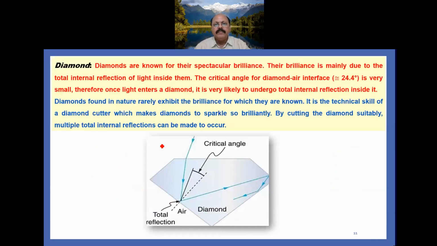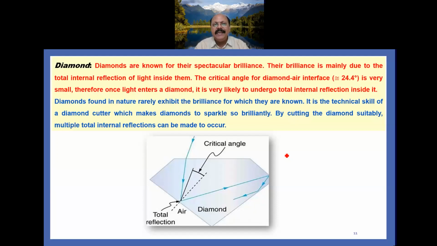Now the diamond. In the diamond, the spectacular brilliance is because of total internal reflection. Diamonds are known for a spectacular brilliance, and their brilliance is mainly due to the total internal reflection of light inside them. The critical angle for the diamond air interface, which is approximately 24.4 degree, is very small.